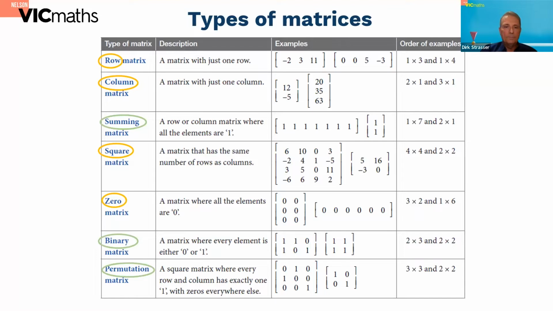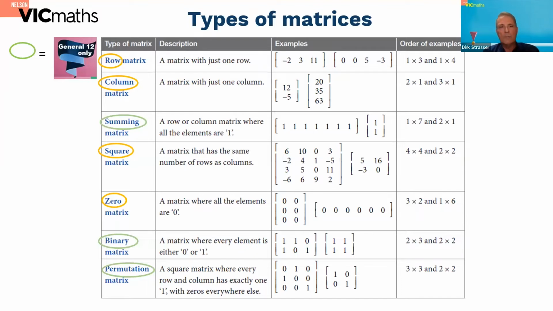By the way, those green ones that I just showed were for General 12 only. I'm using that symbol, General 12 only, to get across the fact that Year 11 General and Year 12 General in matrices have a huge amount of overlap.